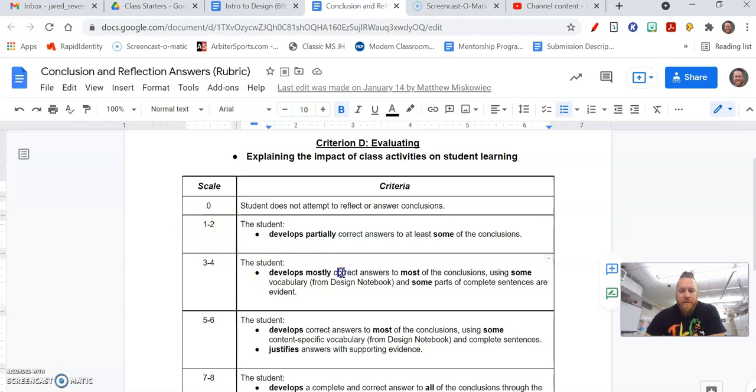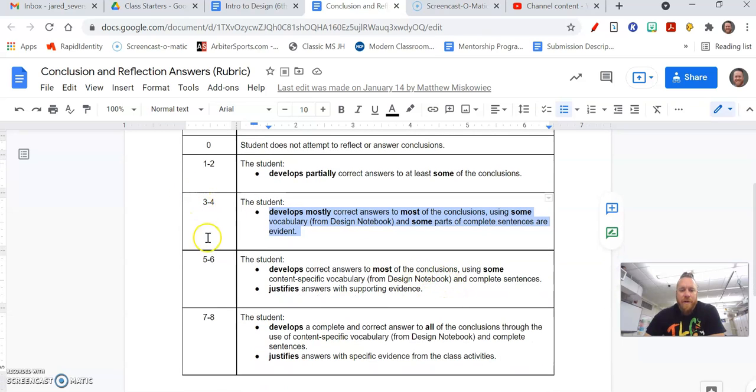Do you have mostly correct answers, mostly correct answers most of the time for some of the questions? Okay, that's going to get you a 3 or a 4. To get a 5 or a 6, do you develop good, correct answers to most of the conclusion questions using vocabulary? Do you justify or explain your answers?